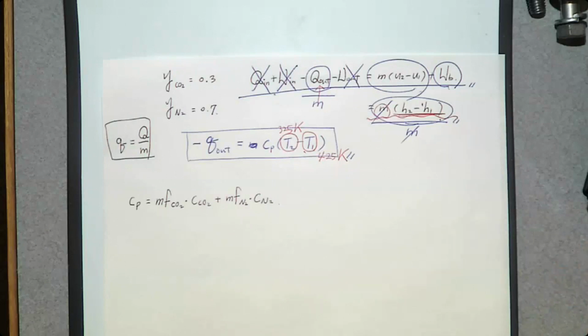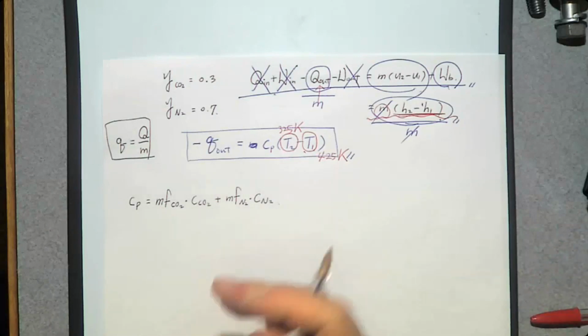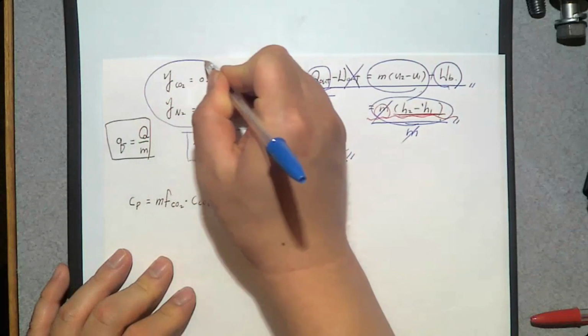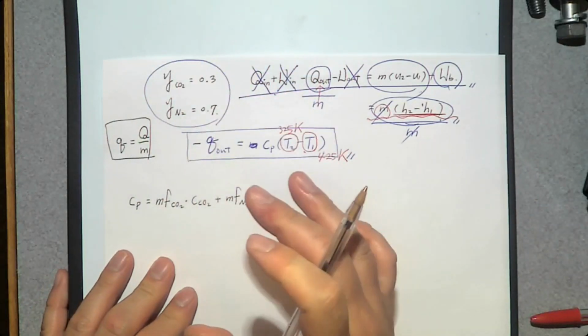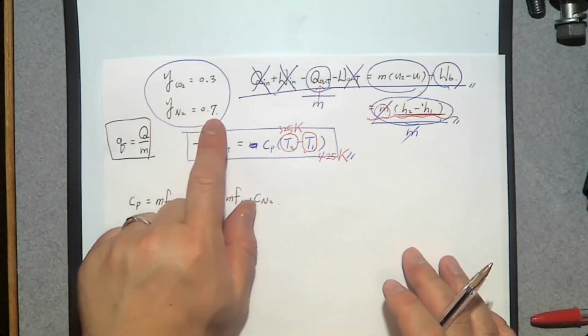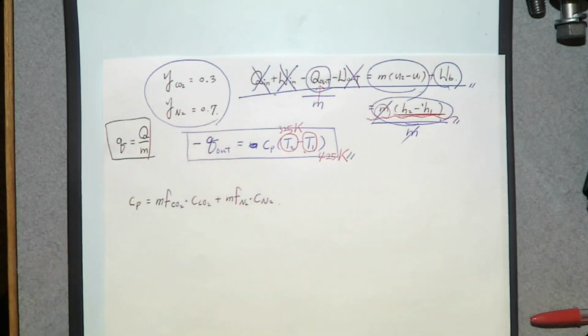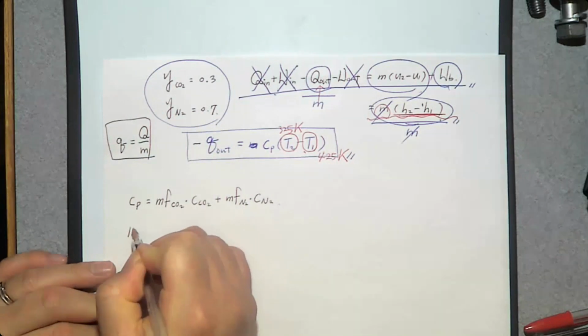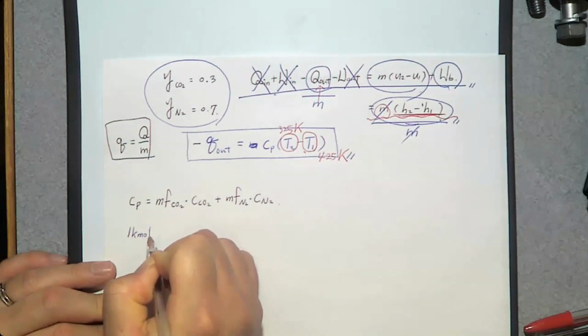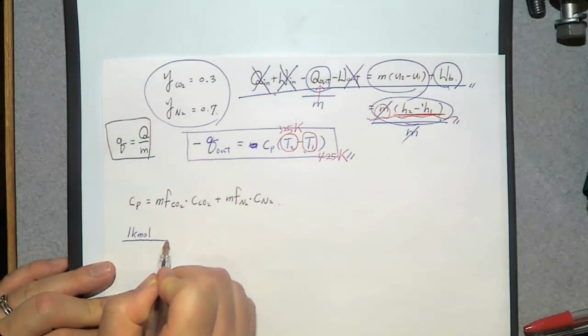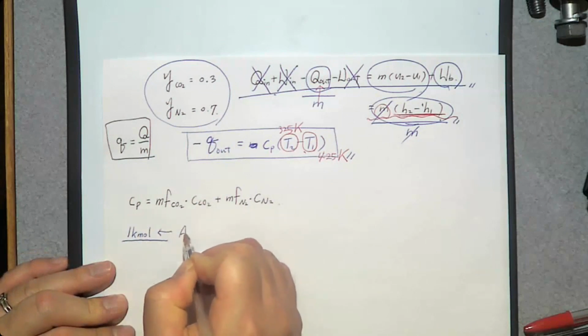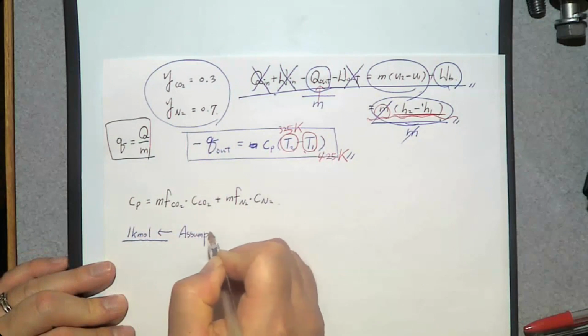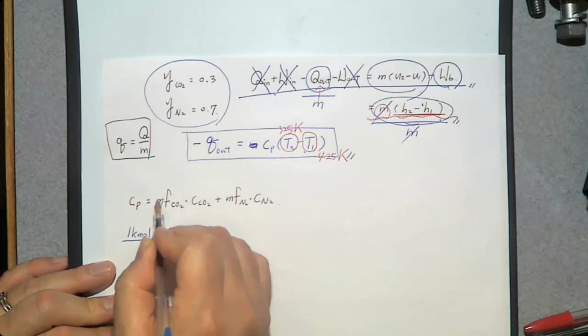So let's do that. Then we should make some assumptions. 30% of the mixture by mole is going to be carbon dioxide, 70% is nitrogen. So why don't we assume we have 1 kilomole of the mixture, to determine the mass fraction.